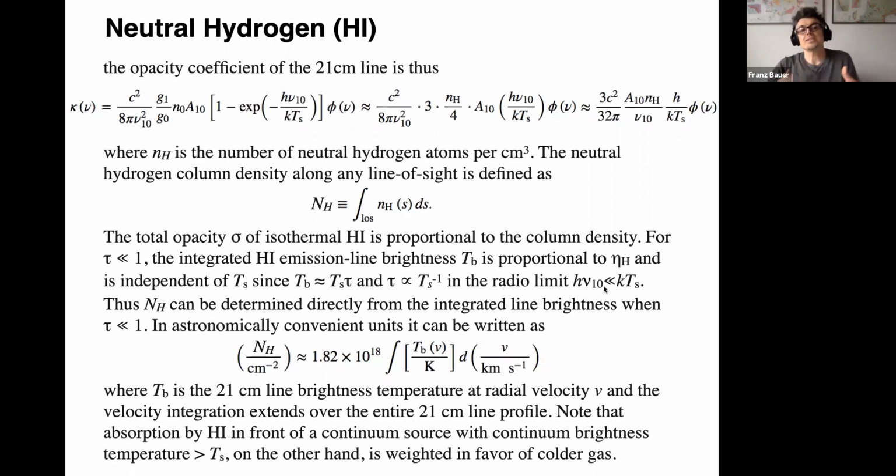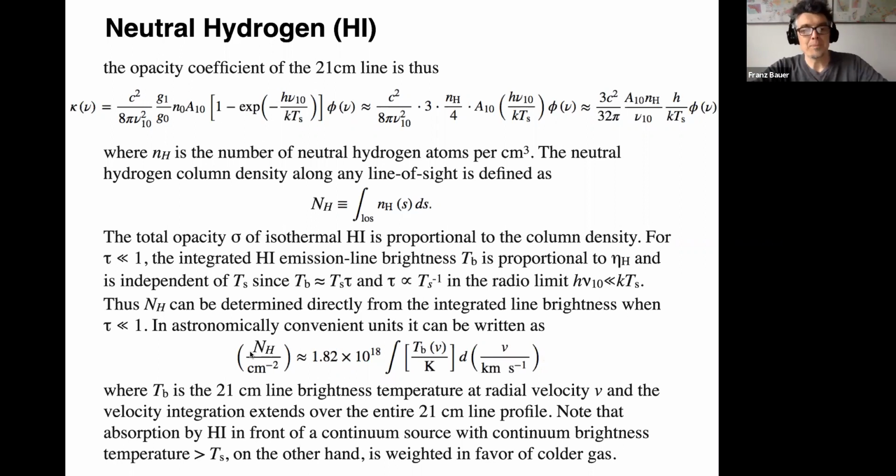And so what's nice is that you can get the column density directly from the line. You just sum over the line width, and that brightness gives you the column density. It's very straightforward: you have the integral of this brightness temperature over the frequencies that it might exist at, times the constants you evaluate, and that gives you the column density.